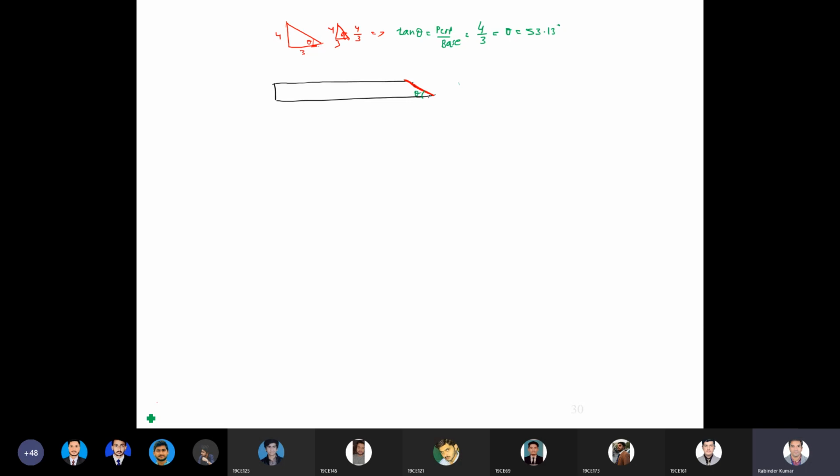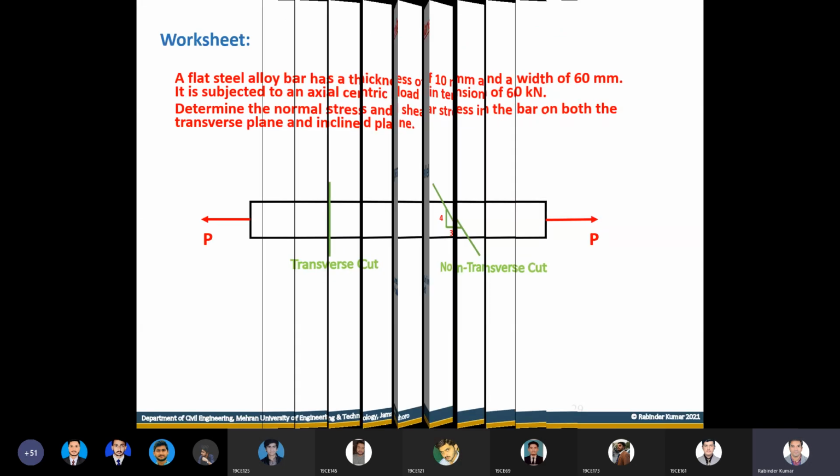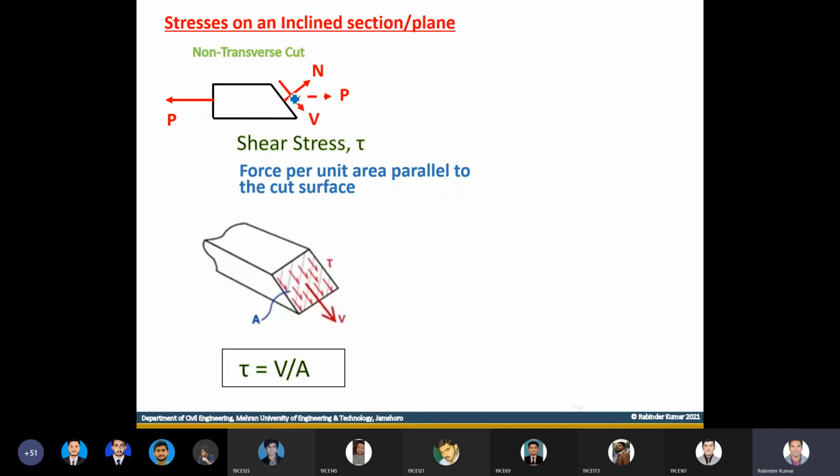Now in last class, if you remember, I told you that whenever you cut a section, you will be having two forces: one normal force, which will be perpendicular to the plane, and another force, the shear force, which is parallel to the plane, and then finally the resultant force.